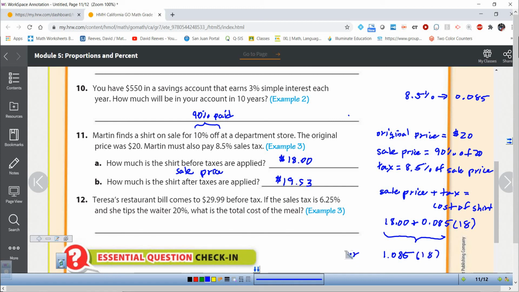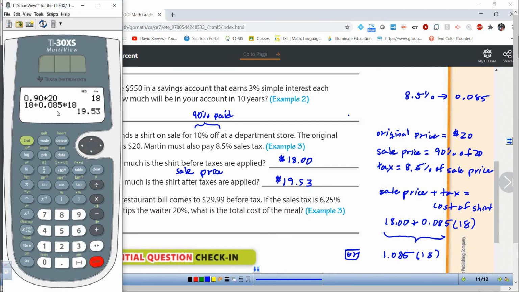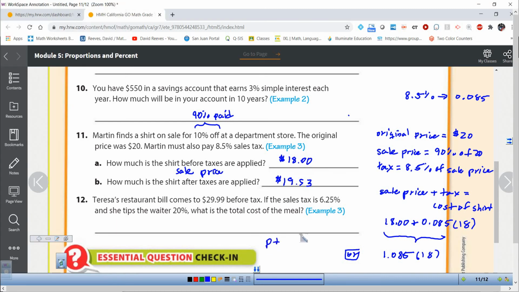This is that alternate method that I like because then you're doing it in one step. So instead of doing the cost plus the tax times it, I simply do 1.085, which is simply 1 plus that, times 18. And you see I get the same result, 19.53.